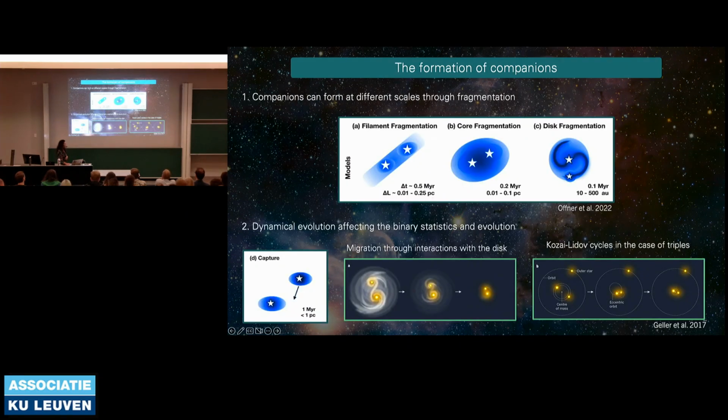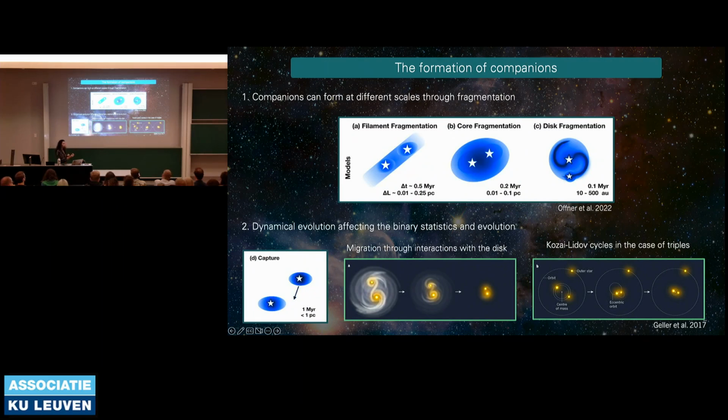There is another channel to form companions, and we call it dynamical evolution, or dynamical interactions. That can be capture, for example: two initially unbound stars can, through close encounters, eventually remain as a bound system. Then there is also migration through interaction with the disk.